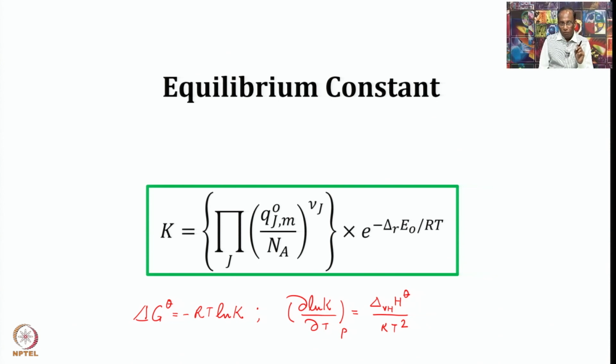Once we have knowledge about the equilibrium constant, we can talk about spontaneity of the process. And once we have the equilibrium constant as a function of temperature, we can get the enthalpy change of the reaction. That is the beauty of thermodynamics, that sometimes without doing experiments, you can even calculate the things.